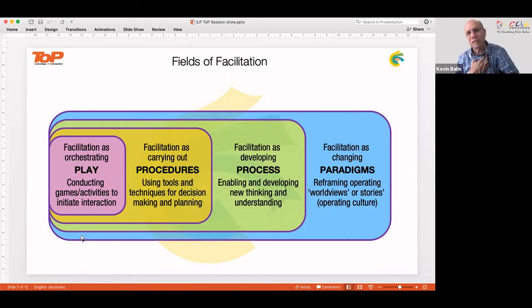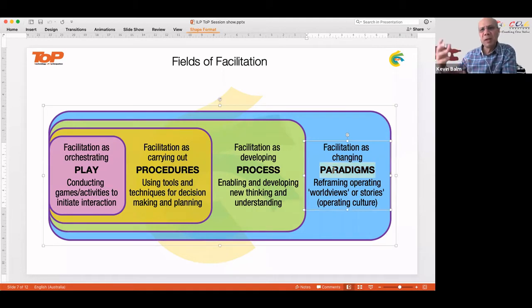And we want to start by, again, putting this on the table. For us, the largest, widest field that facilitation plays in is one's stories, one's paradigms, one's narrative. And the one here could be an individual, a team, an organization, a social system. The scale can vary, okay?